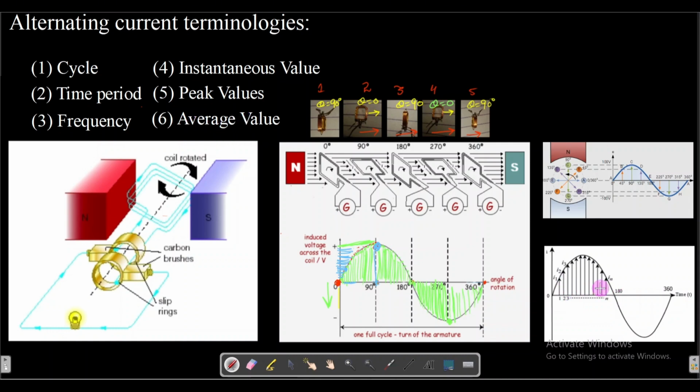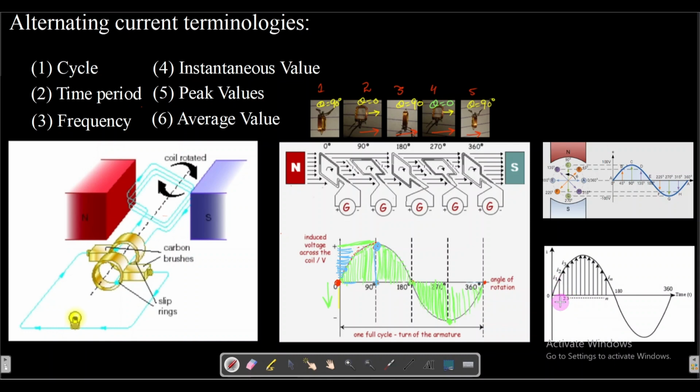Here we have the same scenario in which for each degree rise, or for each change in time, there will be some instantaneous induced EMF value.